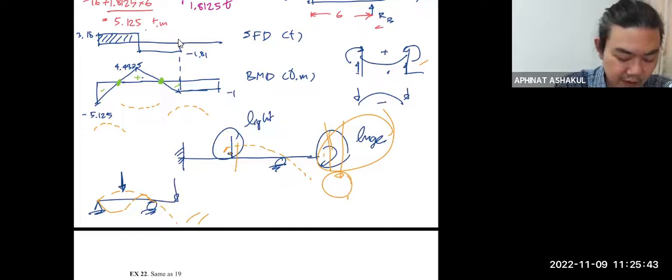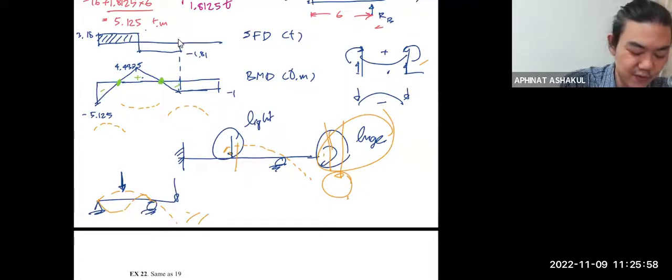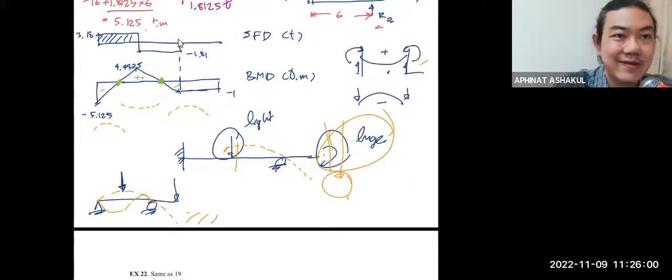Because we can teach this to high school kids. Can you guess how this thing is going to deform under the load? They probably can't. But ask them to calculate, they cannot. But now you can calculate, but you forget to see how things are going to turn out for you, right? Because you get involved in numbers.